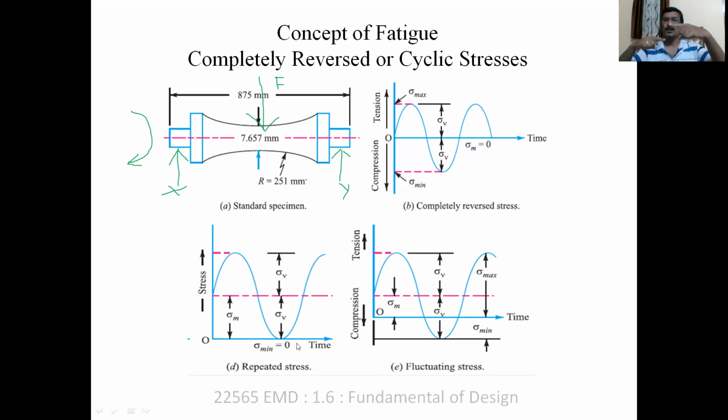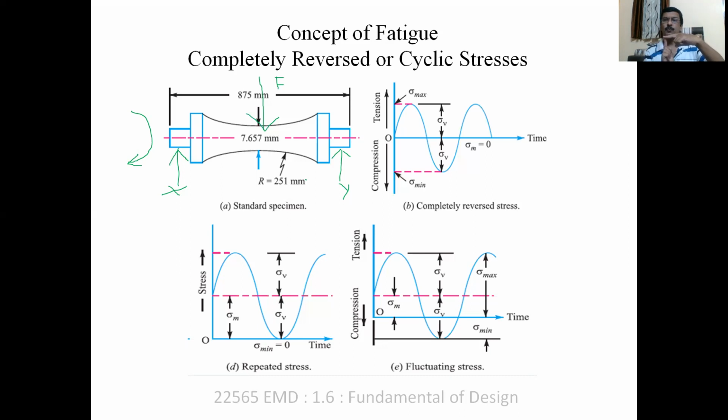Repeated stress means if you take one particular component, a cantilever, and if I bend that, at the upper portion there is tension, at the lower portion there is compression. So in that there is a repeated stress, from zero to maximum.